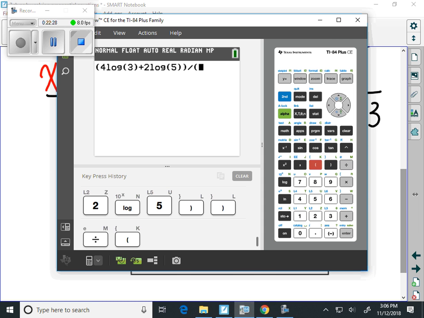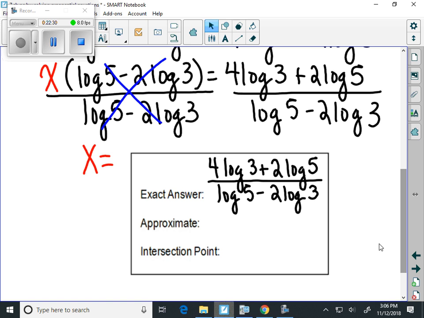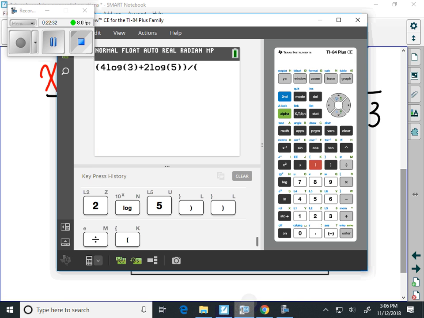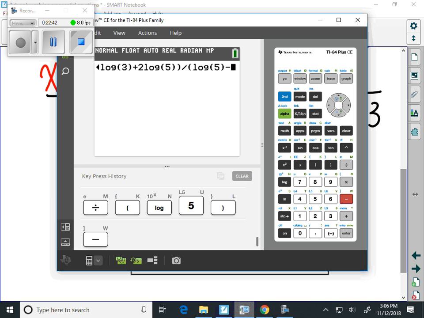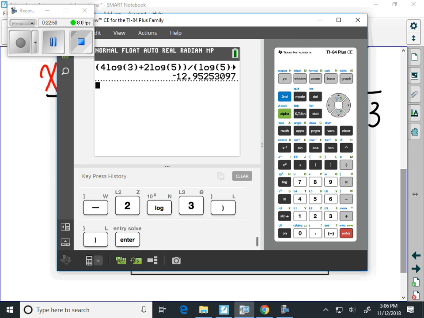Divided by parentheses. And then it's going to be log 5. Close the parentheses. Minus 2 log 3. Close that parenthesis and then the second one. And when we hit enter, we should get that value.